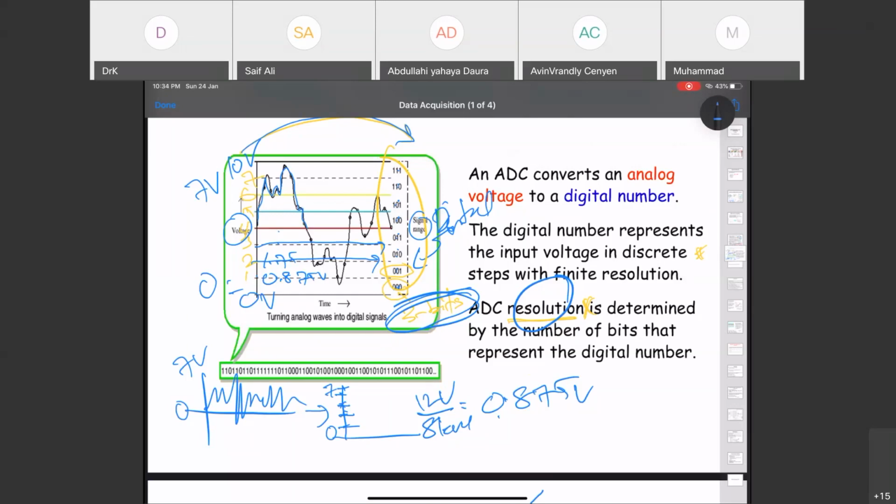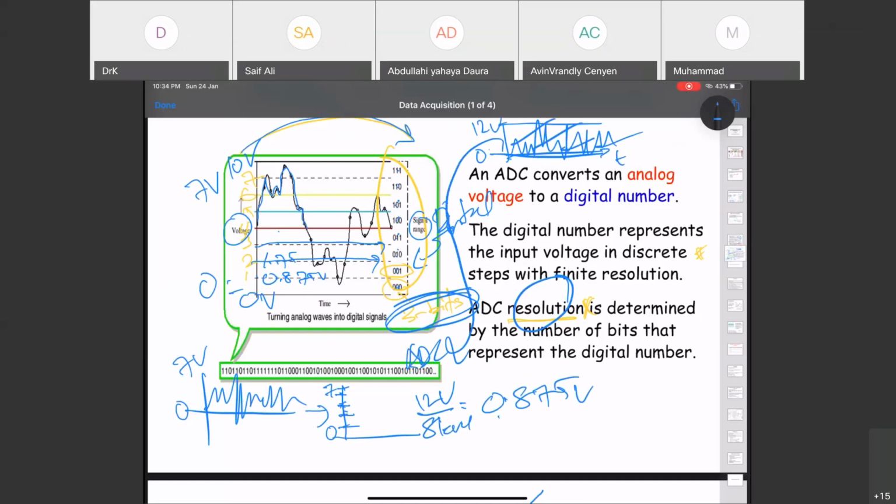From 0 to 12 volt, my signal can be anywhere, up and down. For example, here from 0 to 12 volt, my signal can be anywhere. So I'll take the maximum range and feed everything to the ADC. So this is why I have the number 12 here.